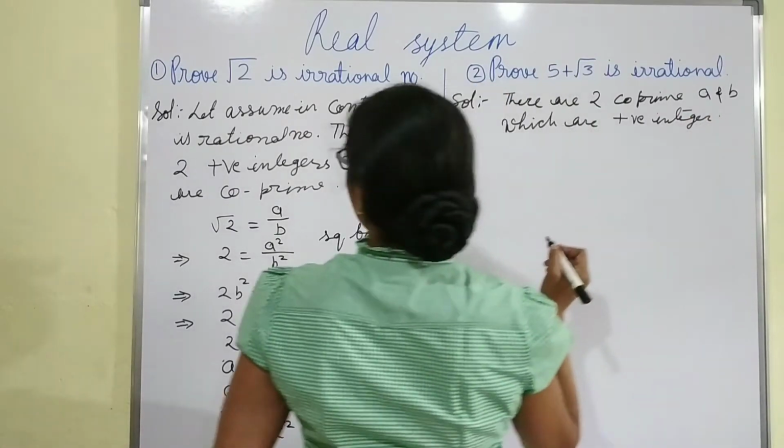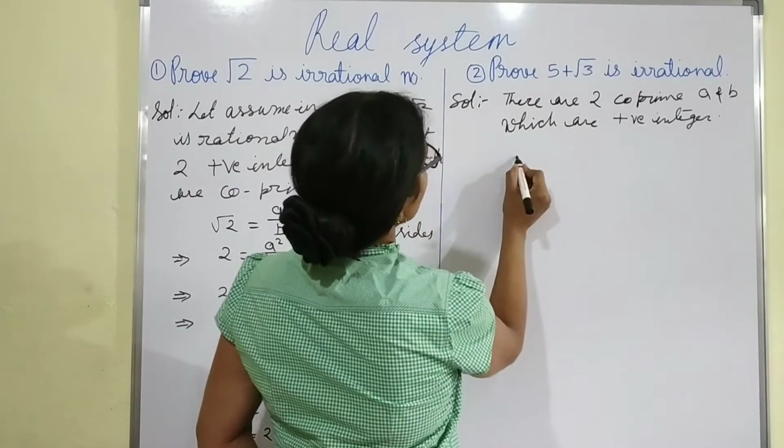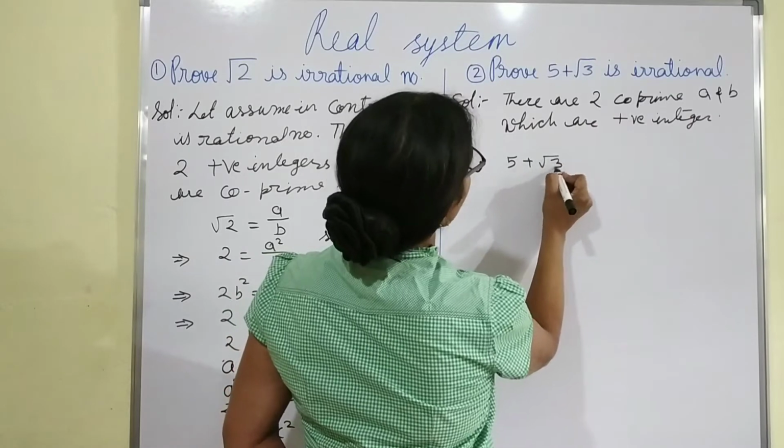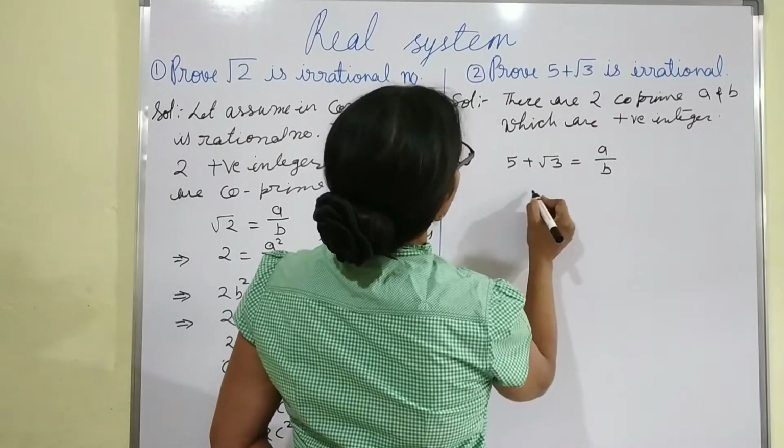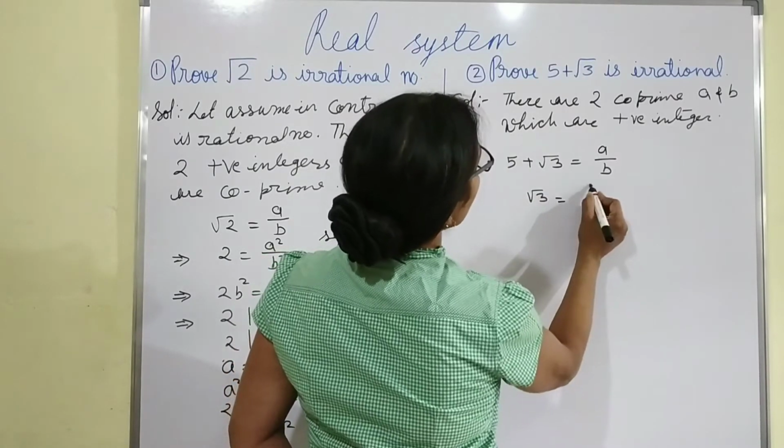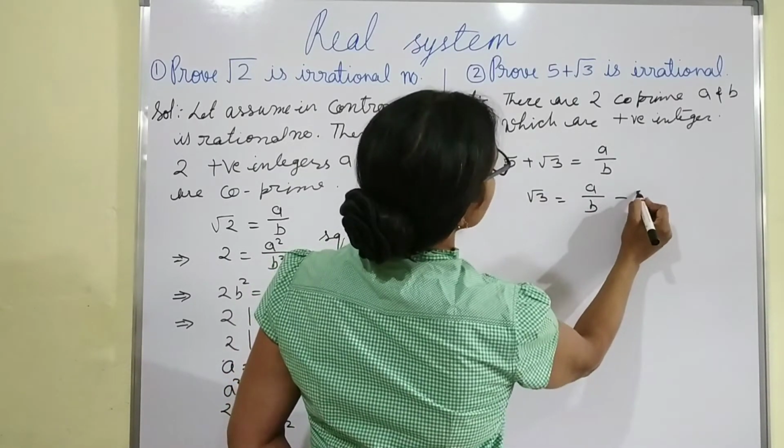Okay, which are positive integers. So 5 plus root 3 equals a upon b. So root 3 equals a upon b minus 5.